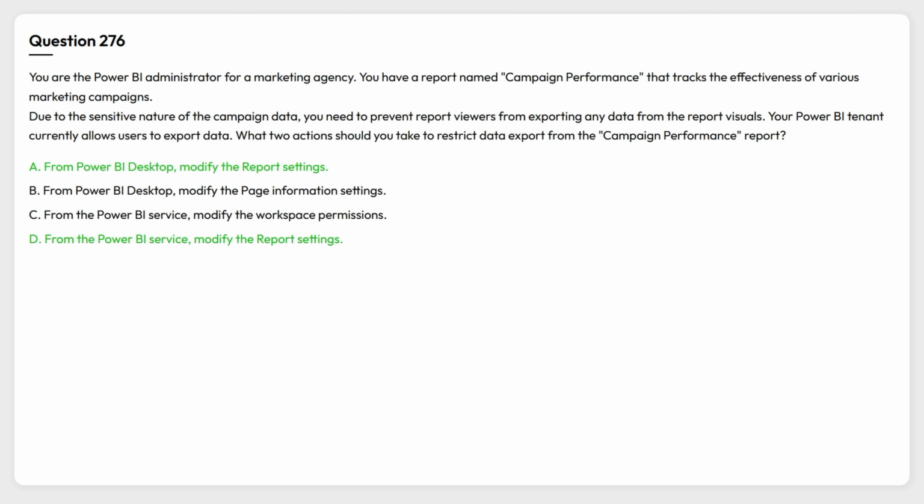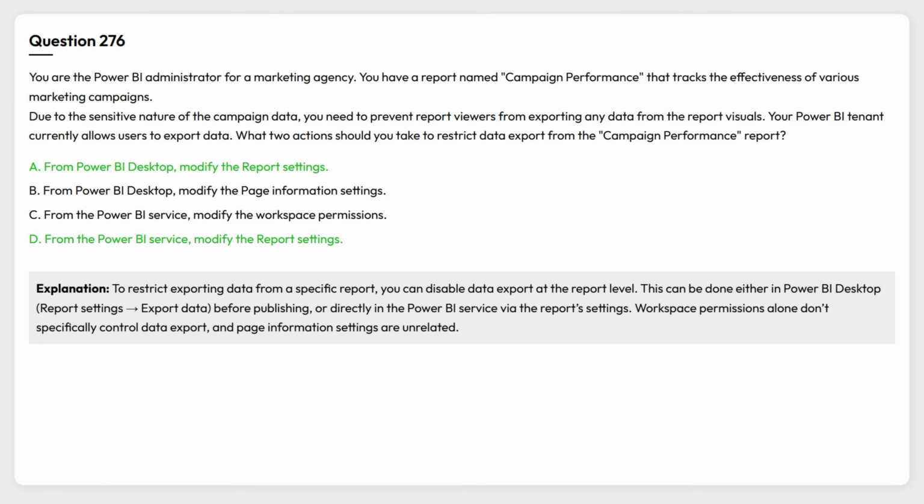The correct answers are Option A, from Power BI Desktop, modify the report settings, and Option D, from the Power BI service, modify the report settings. To restrict exporting data from a specific report, you can disable data export at the report level.